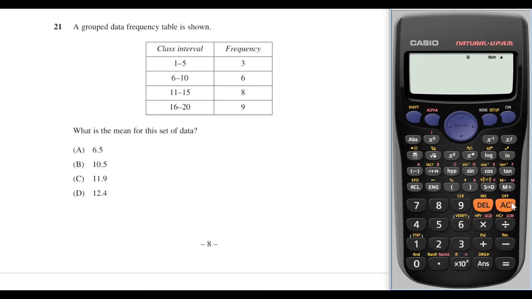Question 21. An approximate value for the mean of this dataset can be found by summing the products of the mid-interval values multiplied by the frequencies. So 3 is the first mid-interval value, multiplied by 3 its frequency, plus 8, the next mid-interval value, multiplied by its frequency, and so on.